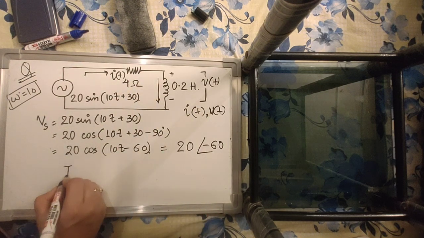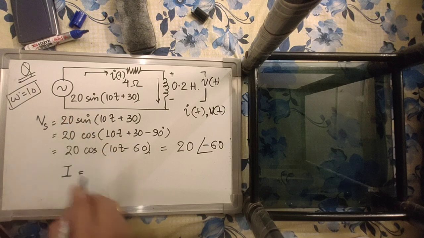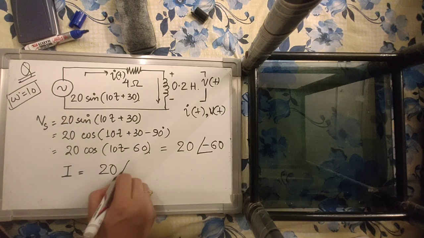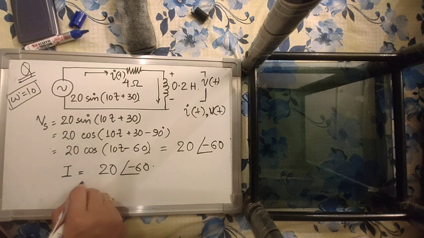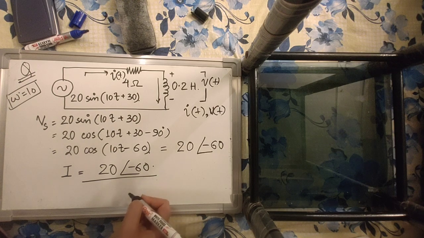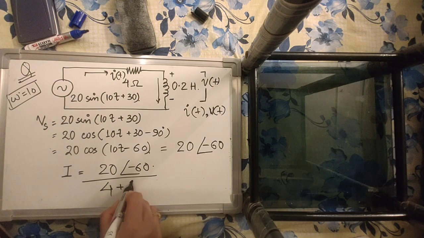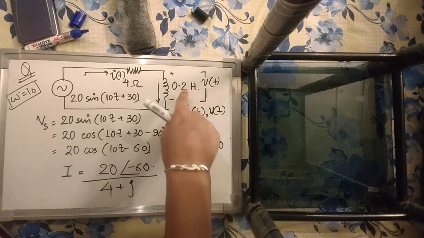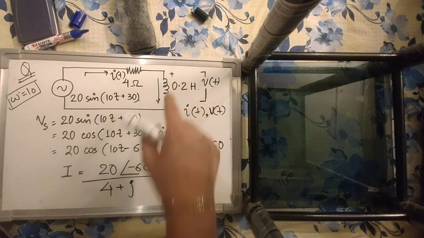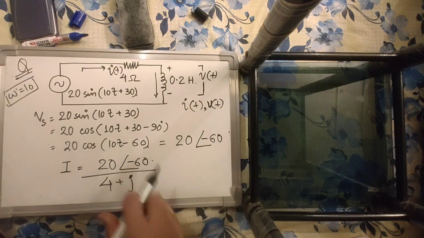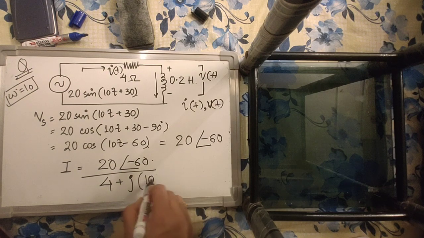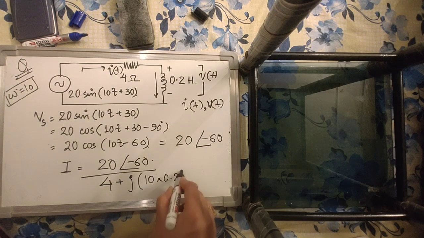The current phasor I will be equal to the voltage phasor 20 at an angle of minus 60 divided by the impedance, V upon Z, and the impedance will simply be 4 ohm plus j times omega L, because omega L is the impedance of the inductive circuit, right? So you can say it is 10 into 0.2.